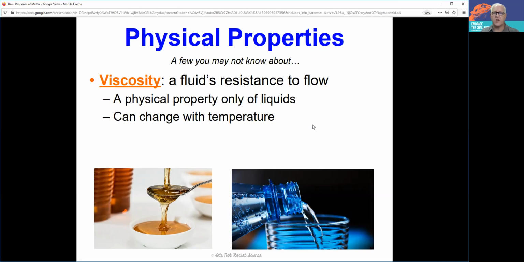It's very slow. But if you warm it up, it pours out very easily. Water, on the other hand, doesn't have a lot of resistance to flow, and it flows very easily. Viscosity can be considered how thick it is.